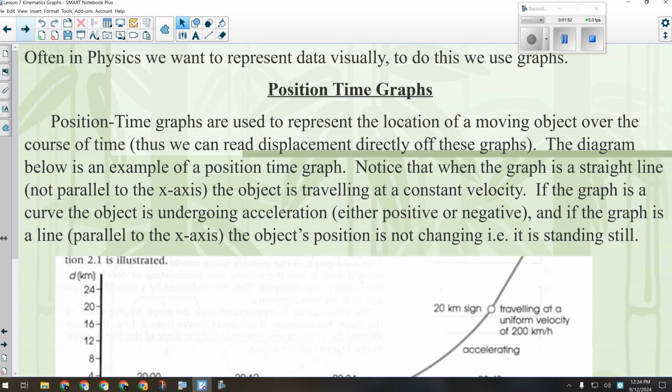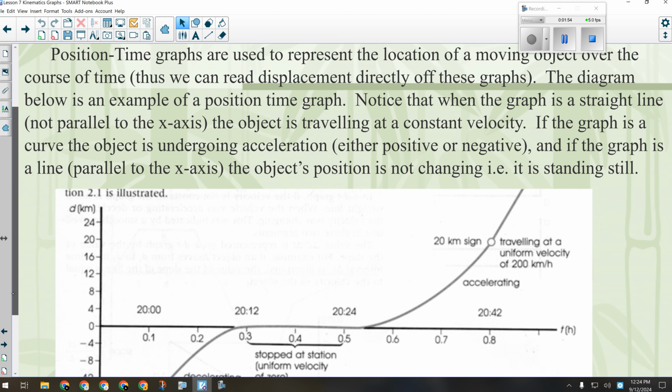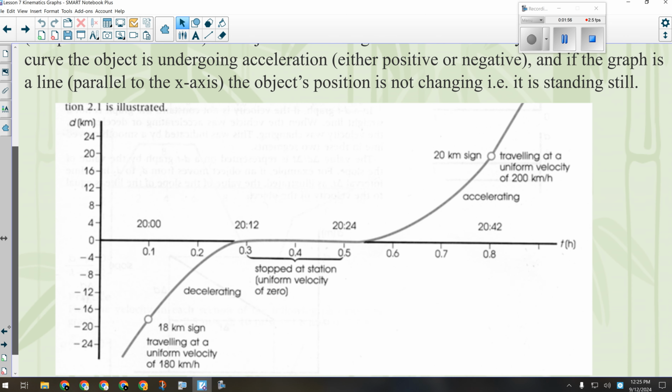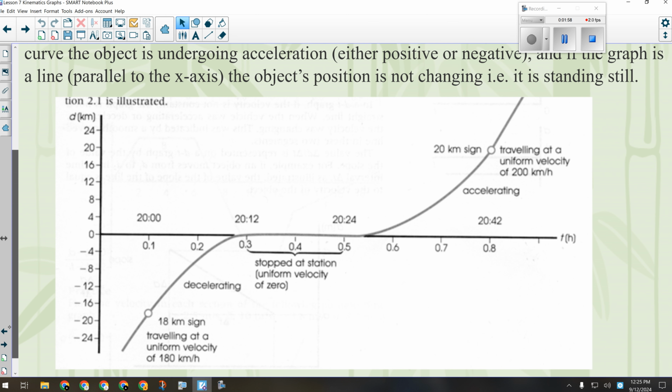If I'm looking at this graph here, that is ostensibly about a train moving towards a station and then away from a station, I can see where the train is at various points in time. I can see that at time 0.1 hours, it says there the dot is 18 kilometers away. Now at that time it says it's traveling at a uniform velocity.